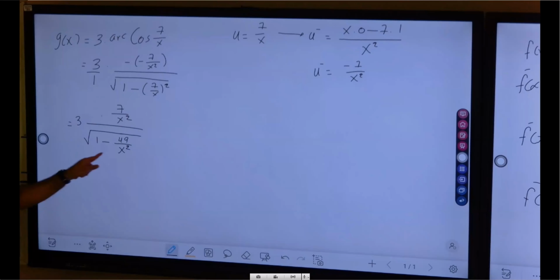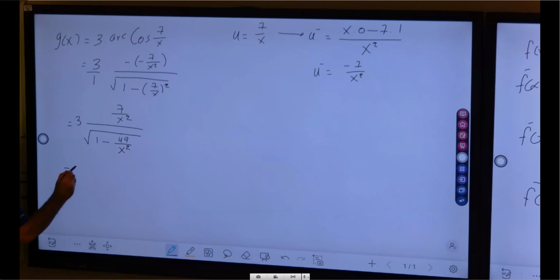Now look here, what I'm going to do, because there's x squared. Find the denominator here, which is x squared. So I'm going to multiply this side by x squared.